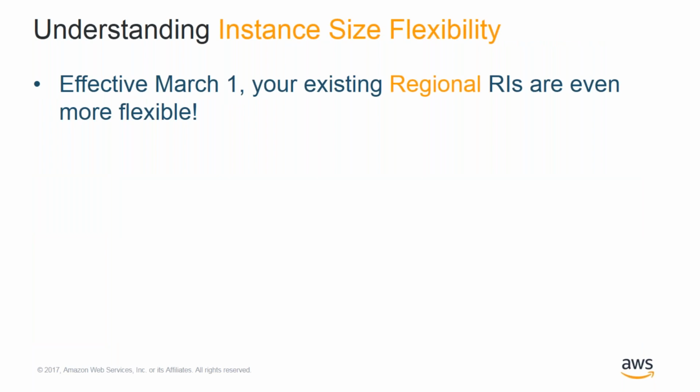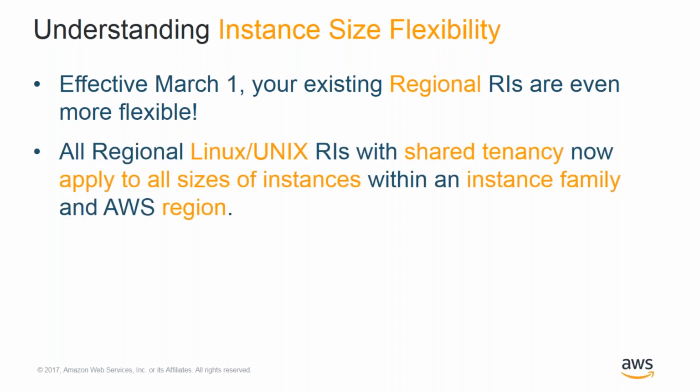One concept that is occasionally confused with convertible reserved instances is instance size flexibility. What that is, is making it easier for customers to take advantage of reserved instances, especially if the size doesn't match up perfectly. Starting March 1 this year, the regional RIs that are Linux and have shared tenancy apply to all sizes of the instance within a family and a region.